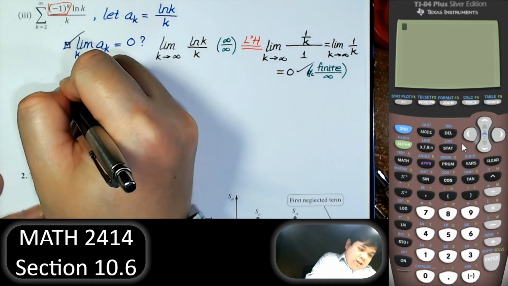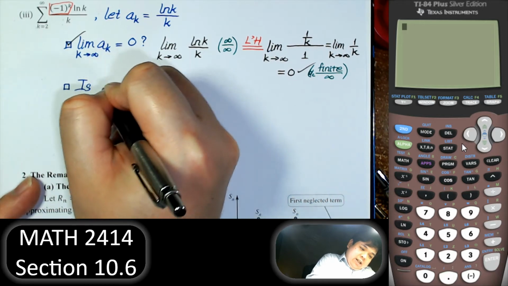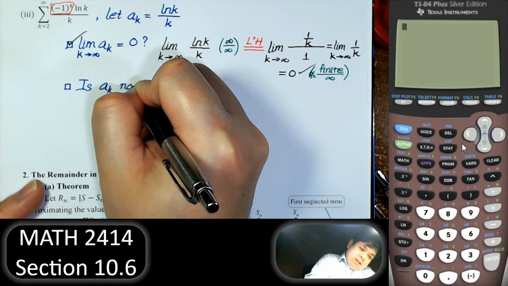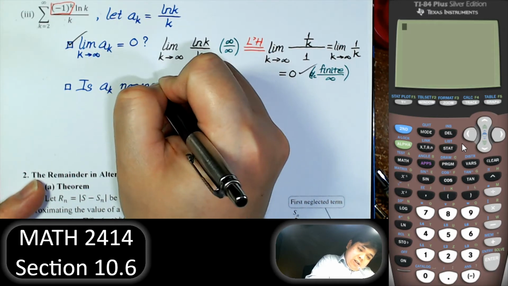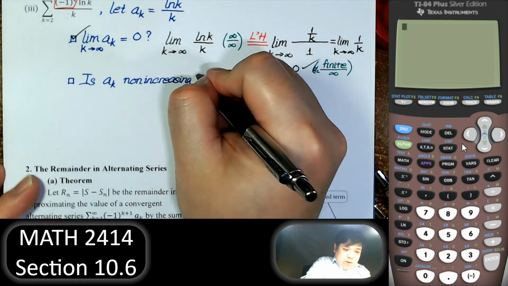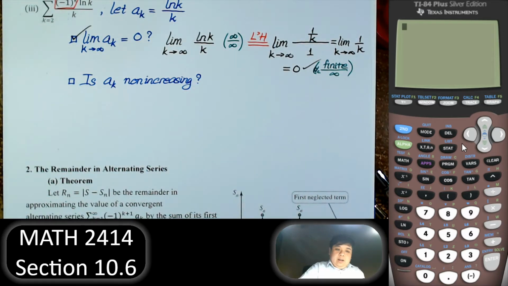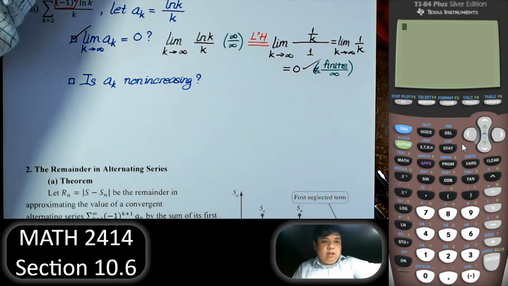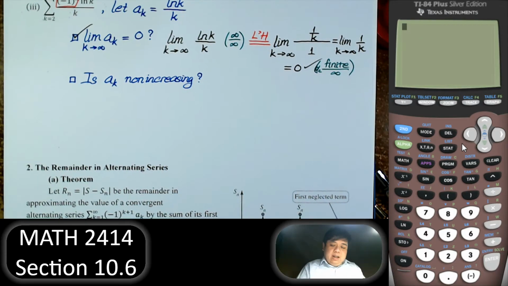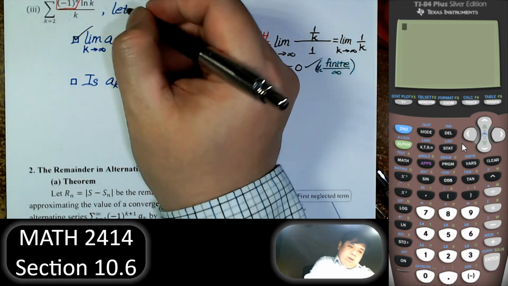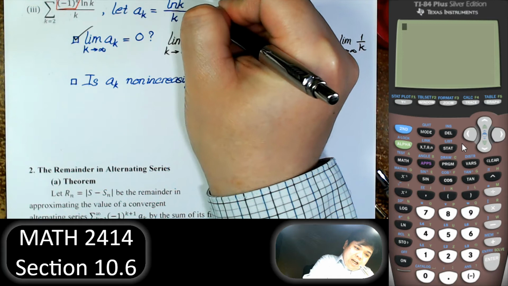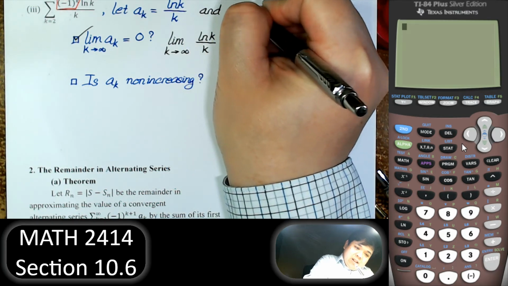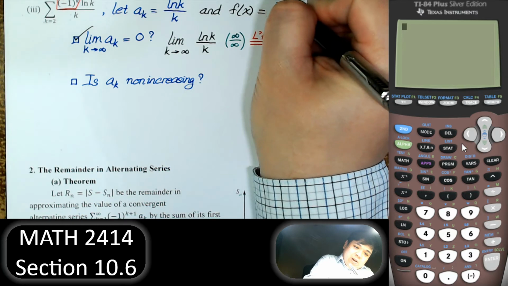And the second one: is a of k non-increasing? Now this one is a little more difficult to verify. We can use the ranking, though. But another way to do this is to just take the derivative. So let's say we let f of x be ln of x over x.